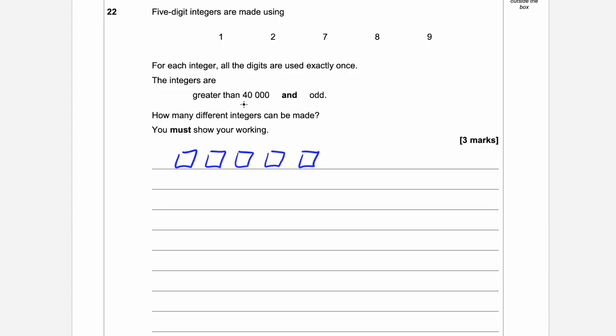Now, the problem is, depending on which one I put in, 7, 8, or 9, the last digit has to be odd. So I'm going to have to consider the 7, the 8, and the 9 in the first one separately. So consider putting a 7 in there.